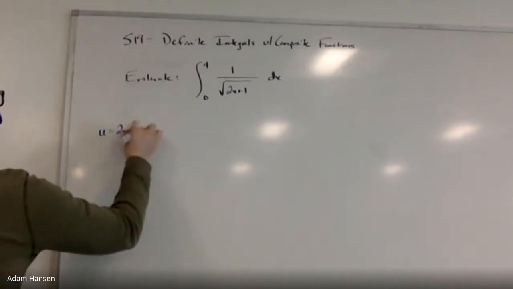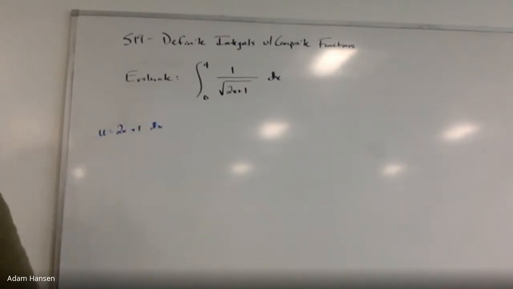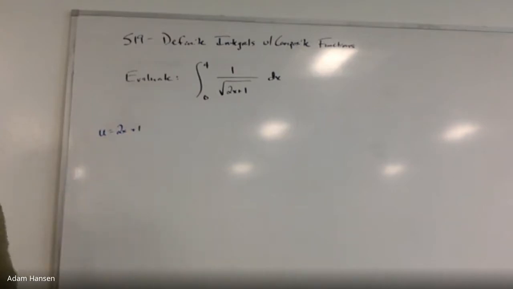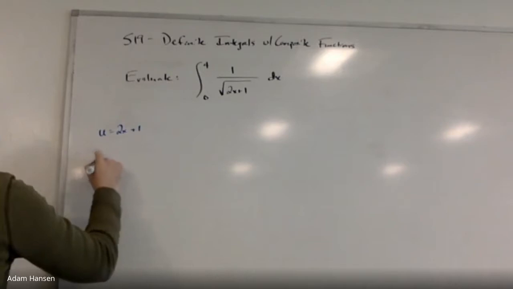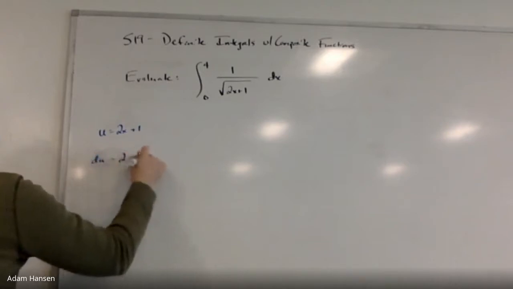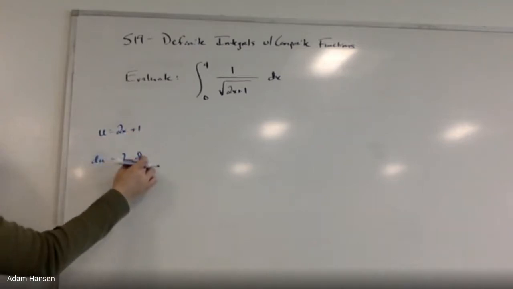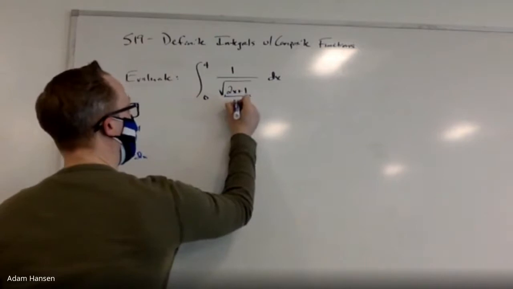2x plus 1. So du would be 2 dx. The derivative of 2x plus 1 in terms of x is 2 dx. So 2x plus 1 is given as u.